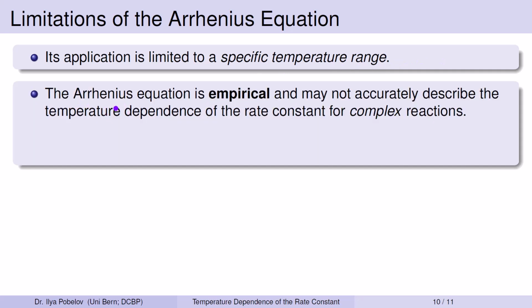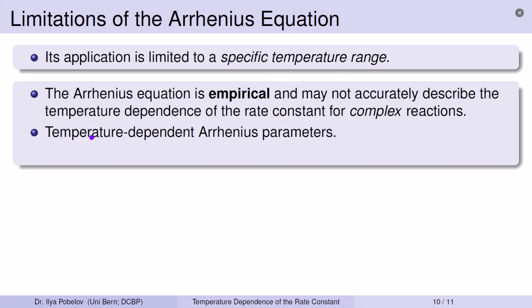Second, the Arrhenius equation is largely empirical and may not always accurately describe the temperature dependence of the rate constant, particularly for complex reactions. For many reactions, the Arrhenius plot does not yield a straight line.